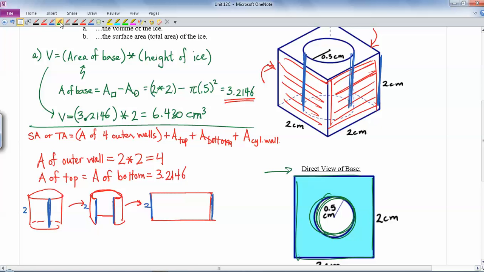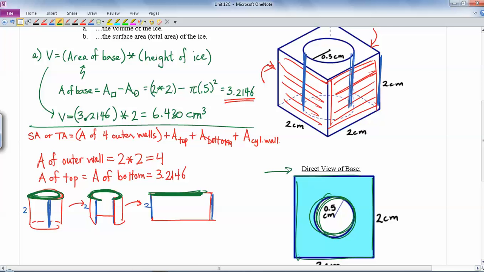And this part right here is the same thing as this part right here, which is the same thing as the entire circle up on top.